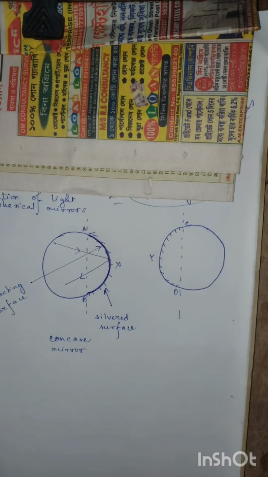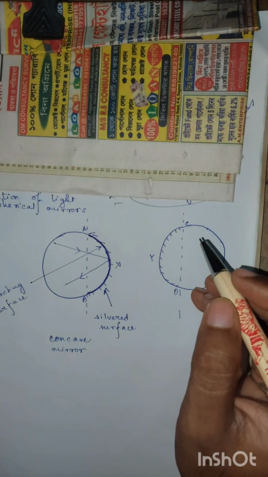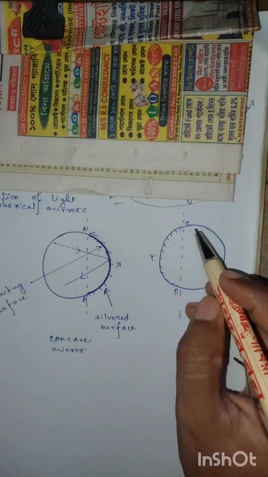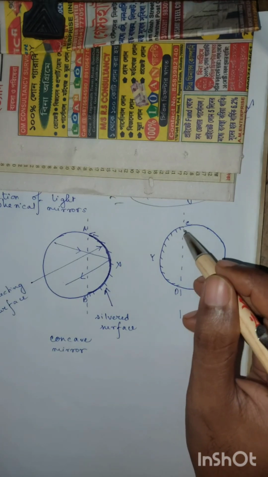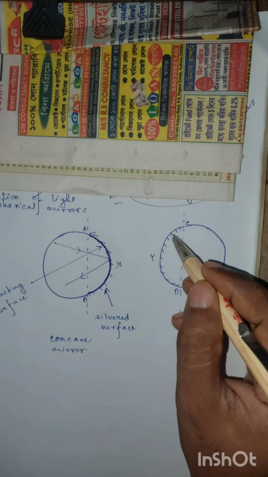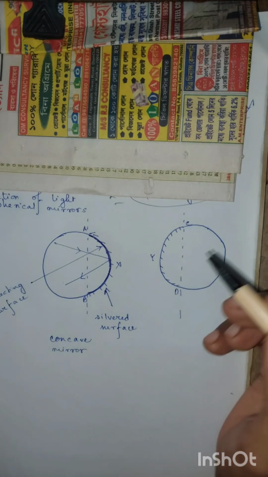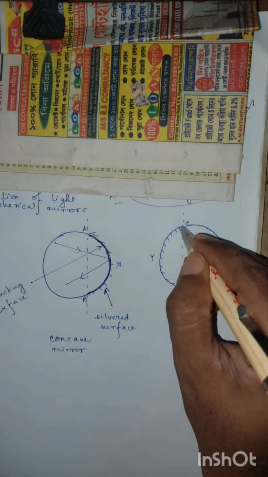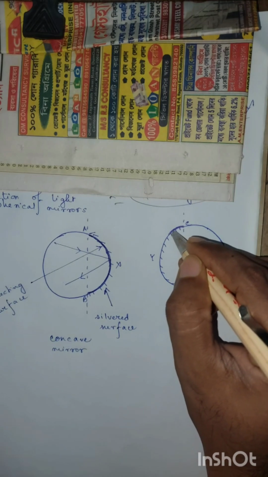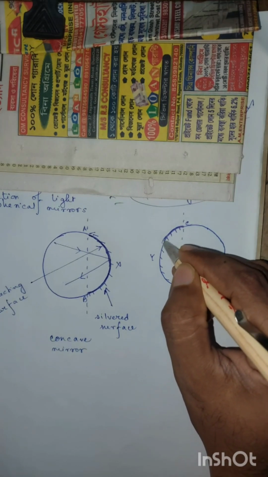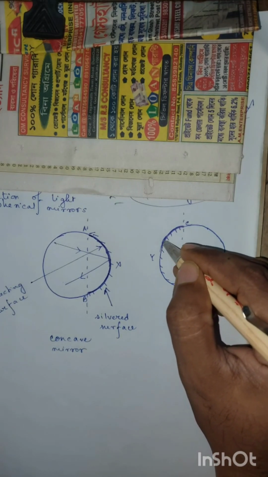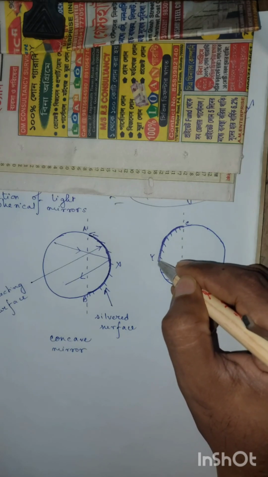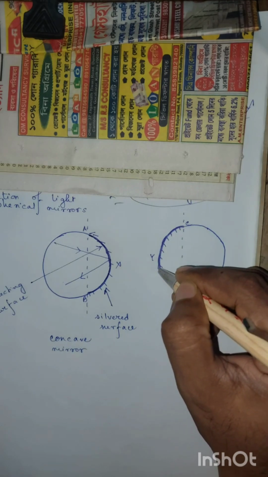And if the silvered surface is inside the mirror, then the opposite of this surface is the reflecting surface.